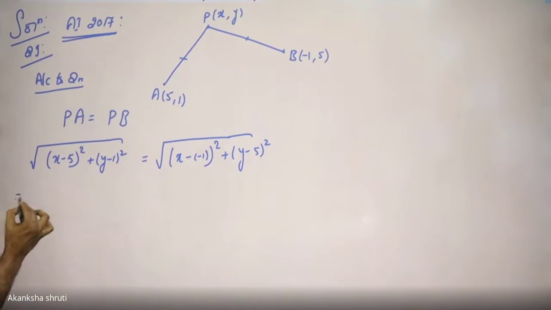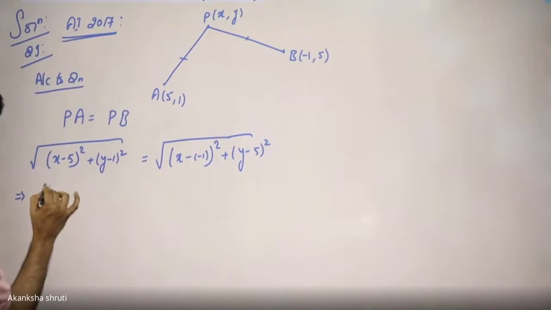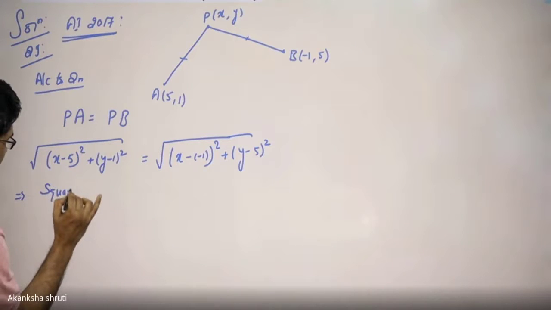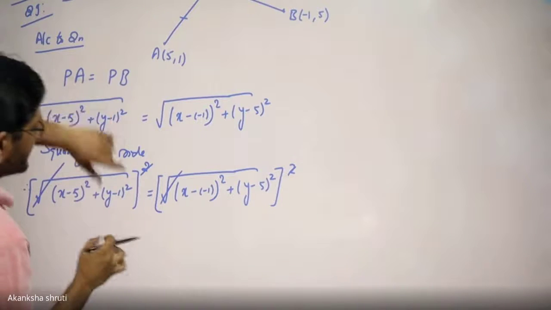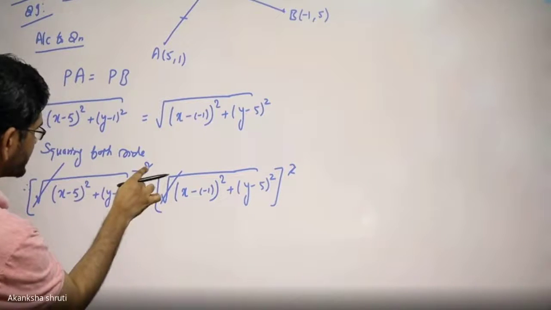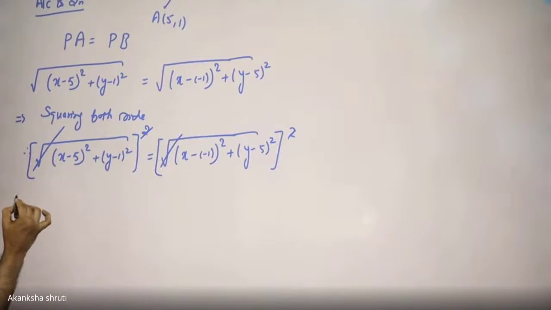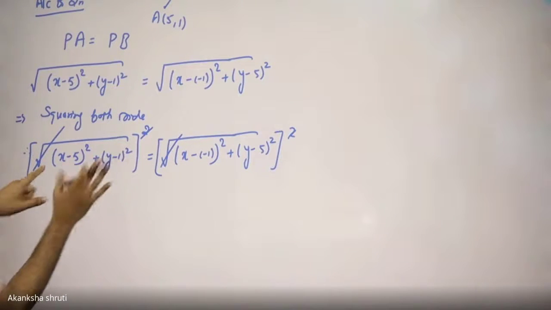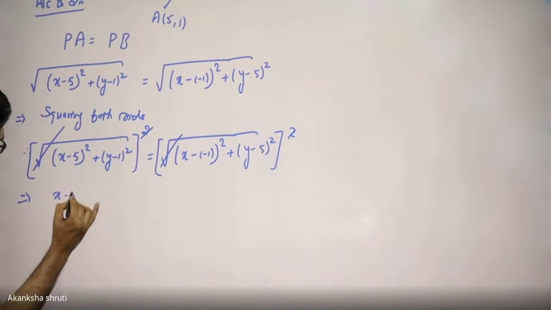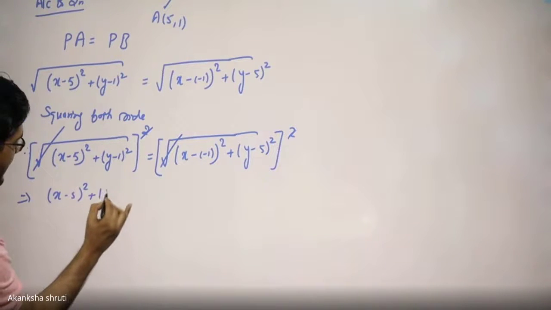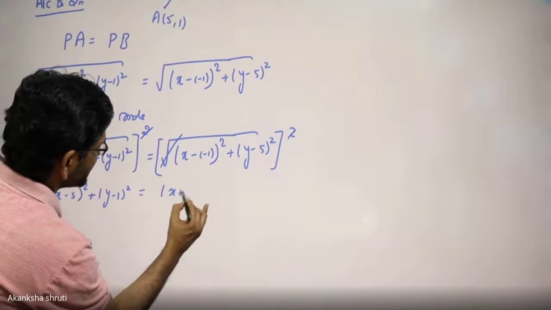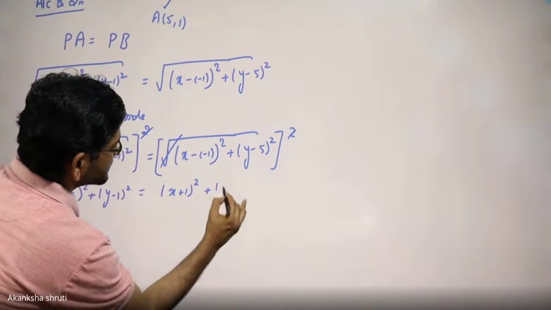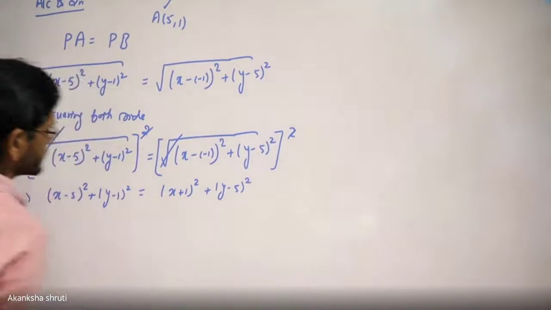For removing the square root, we square both sides. On squaring, the roots get cancelled, and we are left with the terms inside. It is x minus 5 squared plus y minus 1 squared is equal to x minus of minus 1, meaning x plus 1 squared, plus y minus 5 squared.